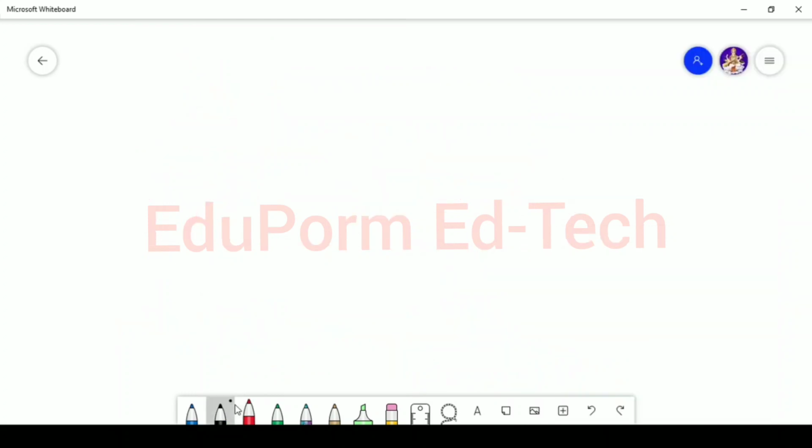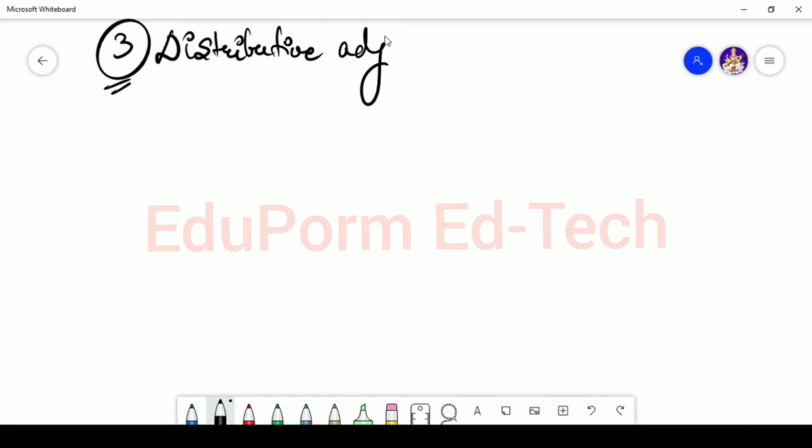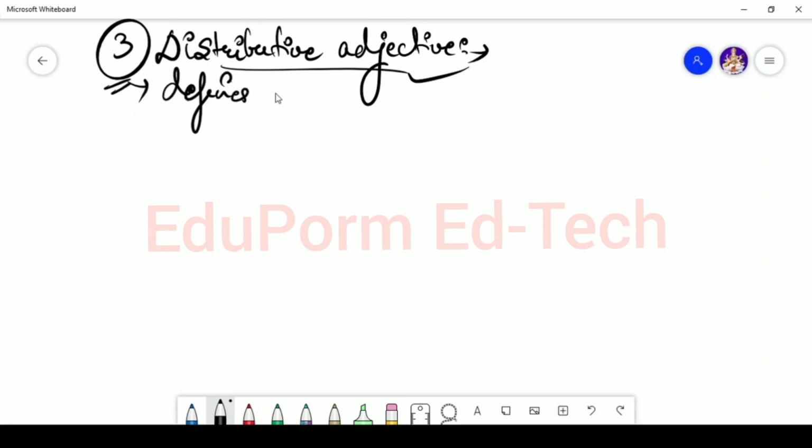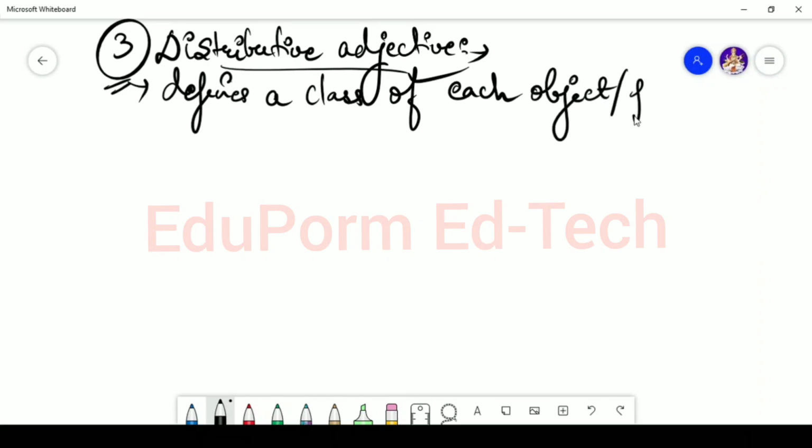What are the other types? The third type is distributive adjective. Now what is distributive adjective? Distributive adjective basically defines a class of each object or person.